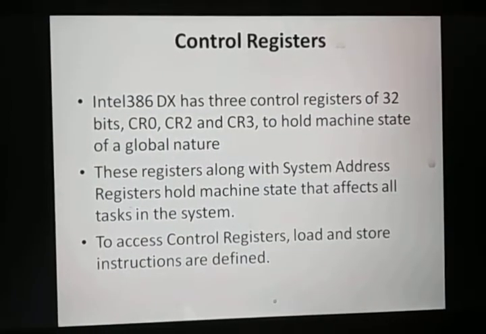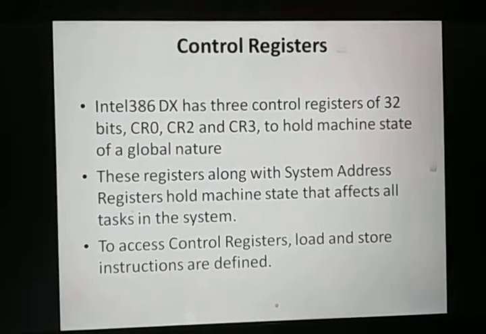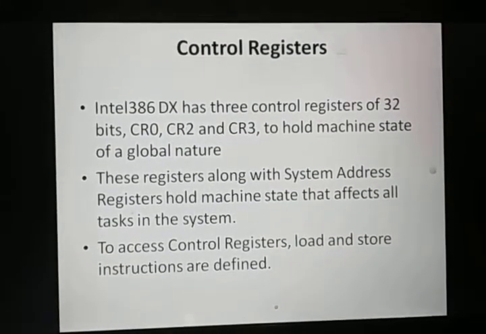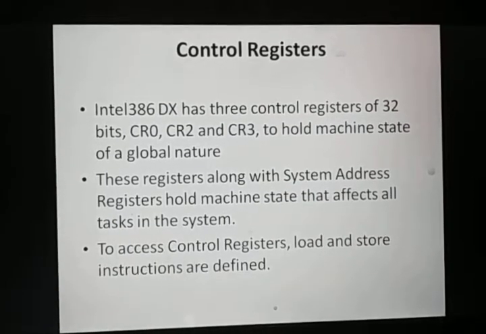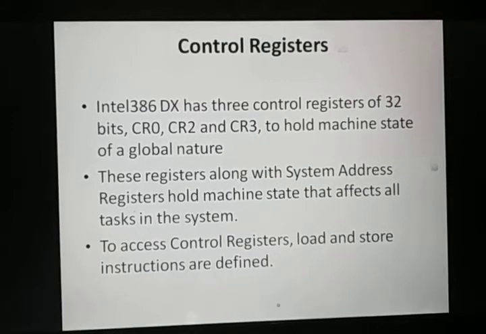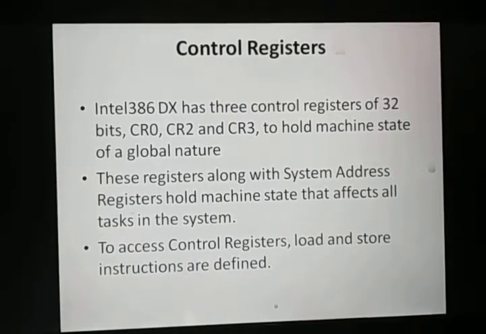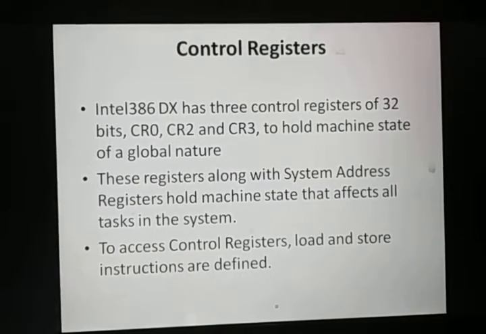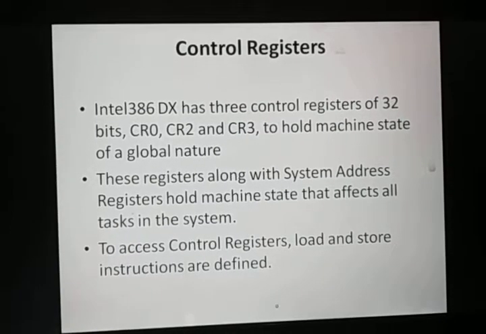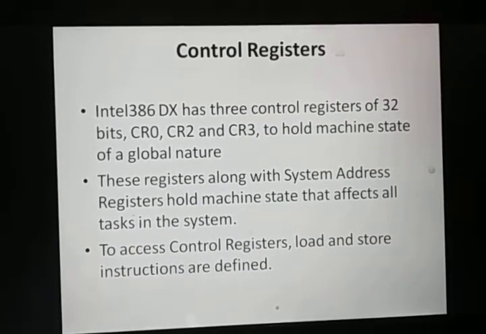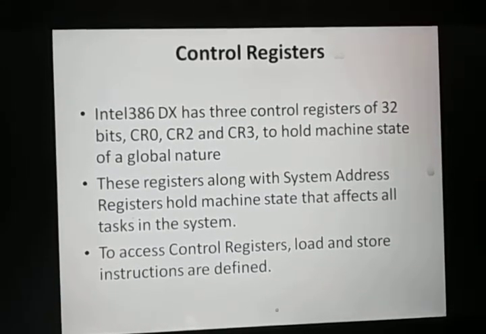and what changes occur in these bits when the processor performs some task. To access the control registers, load and store instructions are used. We have discussed this in the first unit, the fifth unit and the sixth unit also. Load and store are privileged instructions, and for accessing the system registers, that is, the control, debug and test registers, we use load and store instructions like load global descriptor table, load local descriptor table, load interrupt descriptor table, load control register, load debug register, load test register.